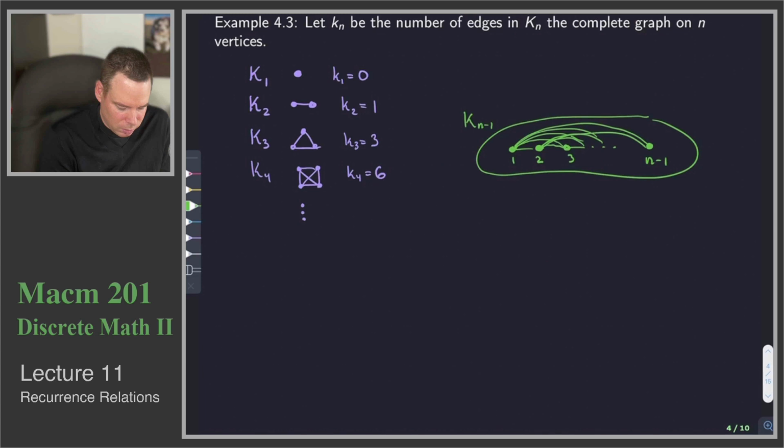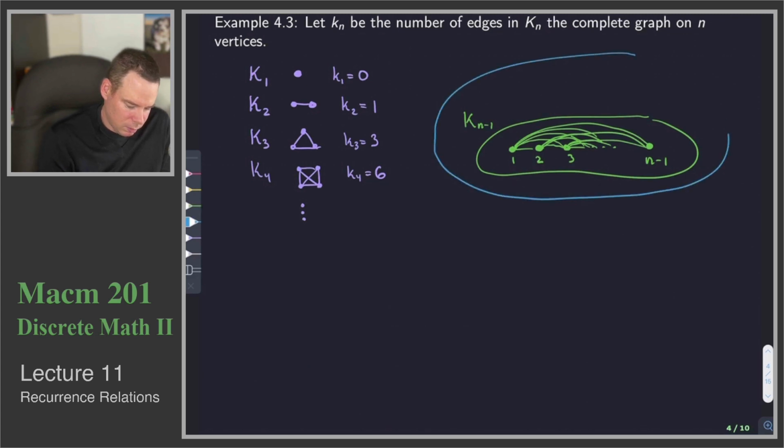And then 3 would connect to everything as well. And so on down the line. So there's our k sub n minus 1. Now how do we build k sub n from that? Well, k sub n is going to be the bigger graph, where we add one new vertex. I'll label it n. And then we add a bunch of new edges.